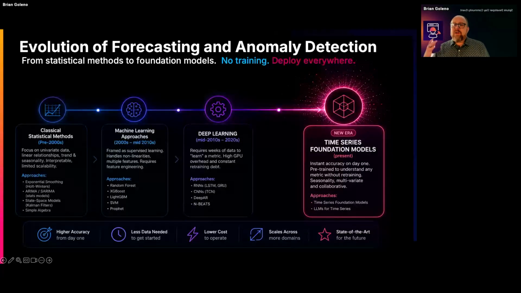However, reliable and ubiquitous anomaly detection and forecasting across all of our KPIs and all of our workloads still remains elusive. It typically involves a data scientist training, tuning, retraining models for specific use cases.